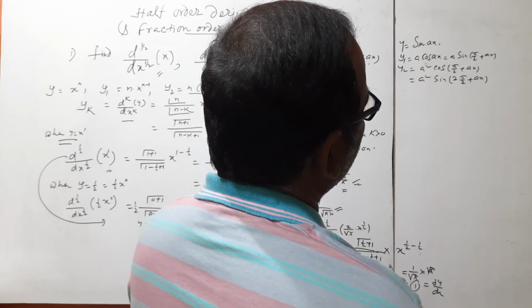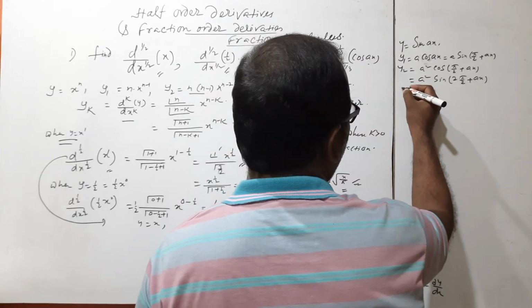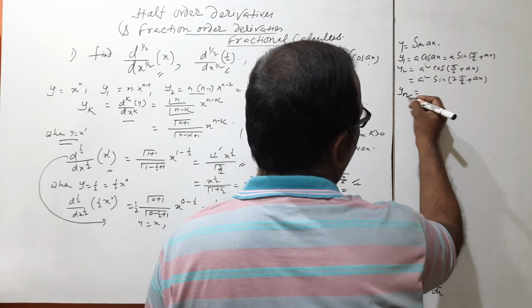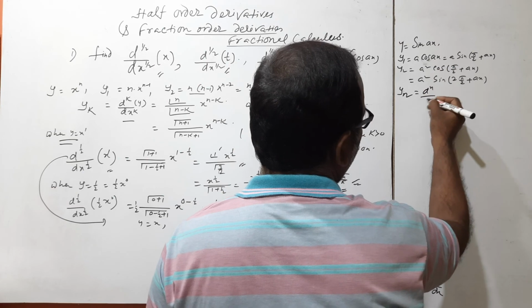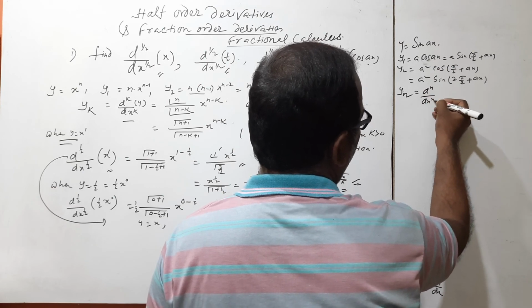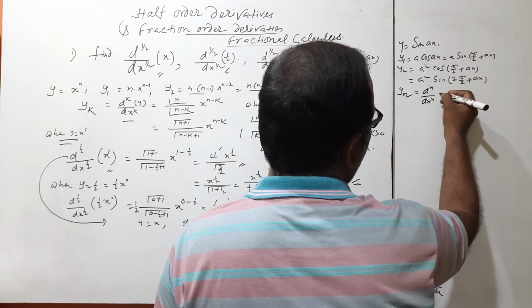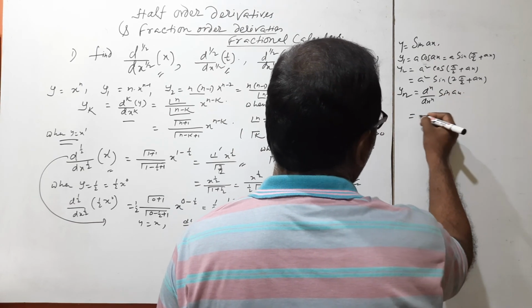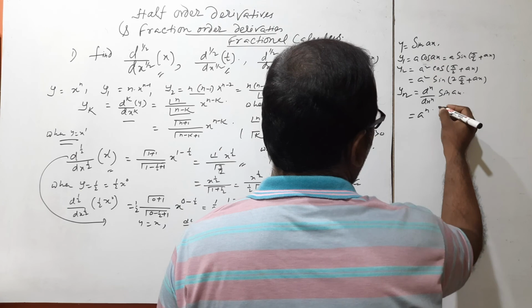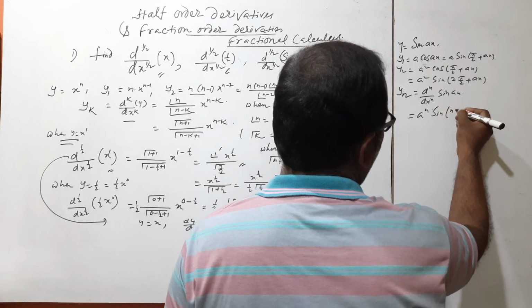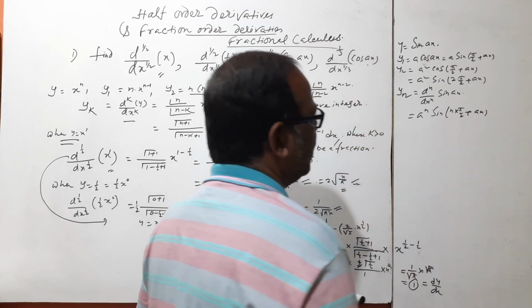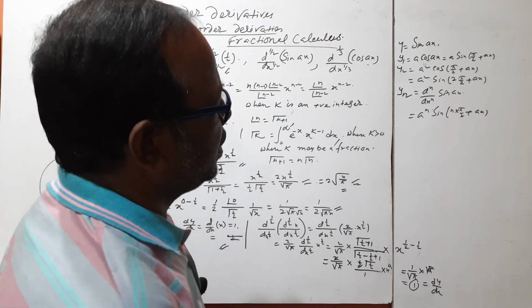So from this theorem, the nth order, this is y suffix n, is mentioned like that. And this is here sine ax, and that would be a to the power n, and sine of n into pi by 2 plus ax, when n is an integer.